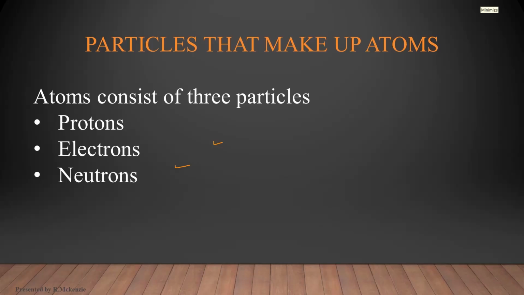Electrons. Excellent. So once we know the atomic number, we should be able to tell the amount of electrons in the structure as well. If we have 20 protons, for argument's sake, how many electrons would we expect to be in the structure of the atom? 20.